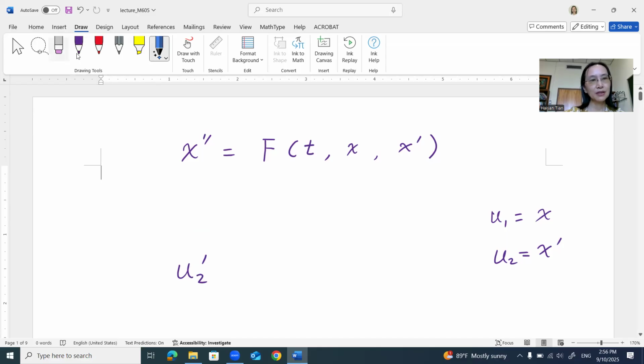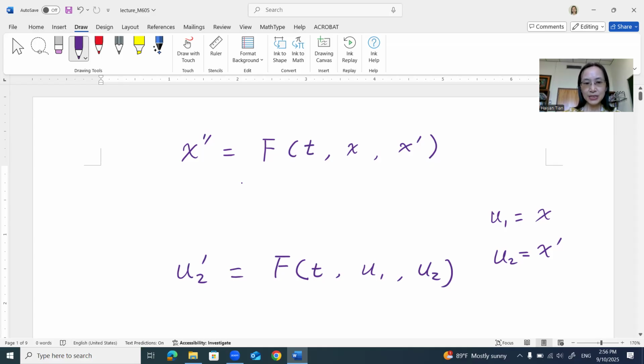Then we can continue to write f as an expression of t, x, let's call it u1, u2. So now we have reduced the order to first order.